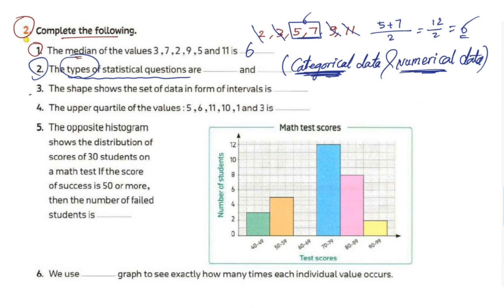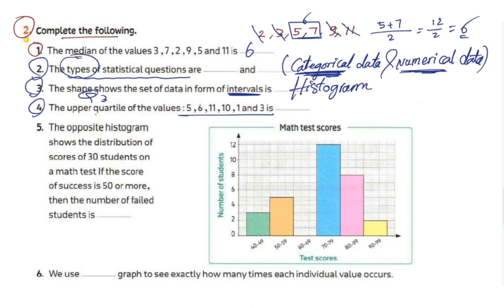Number 3, the shape that shows the set of data in the form of intervals. What plot uses intervals? Of course, it's the histogram. Now, point 4. The upper quartile, that means Q3, of the values. We have here 6 values. I need to find the Q3 for them.